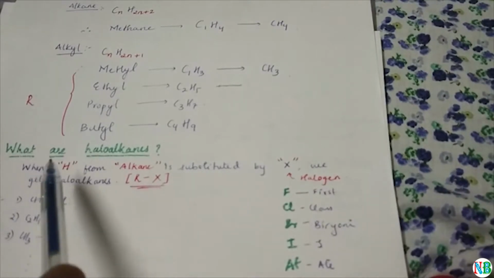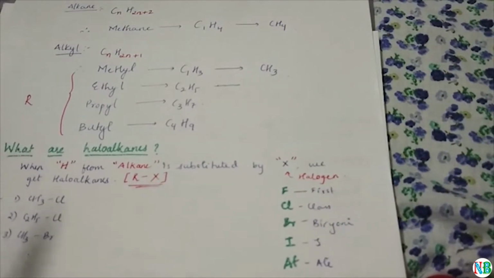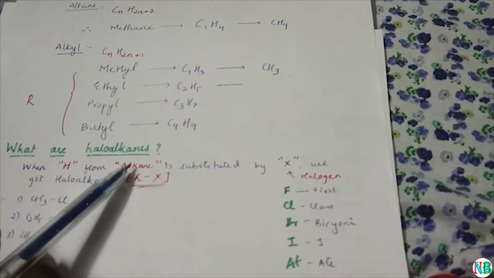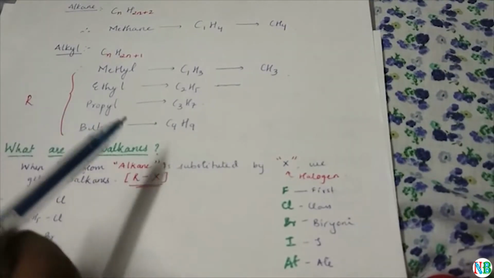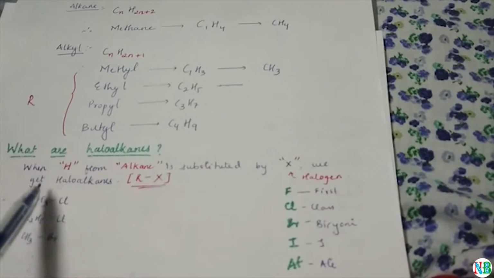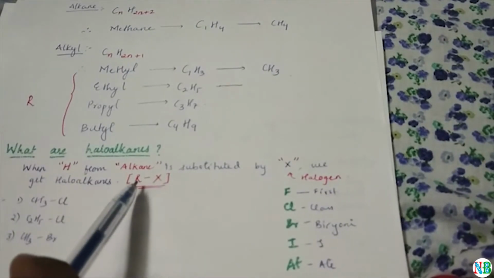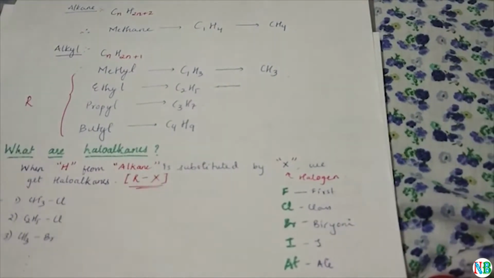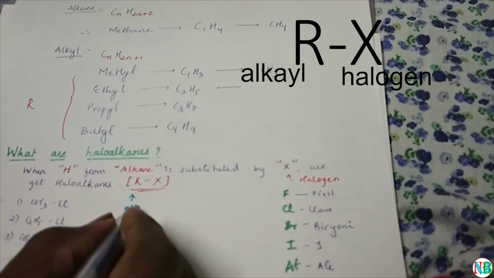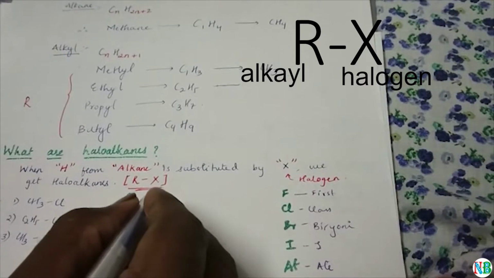When you remove a hydrogen from an alkane and substitute it with a halogen group, we get haloalkanes. The general formula is RX, where R is your alkyl group and X is your halogen.